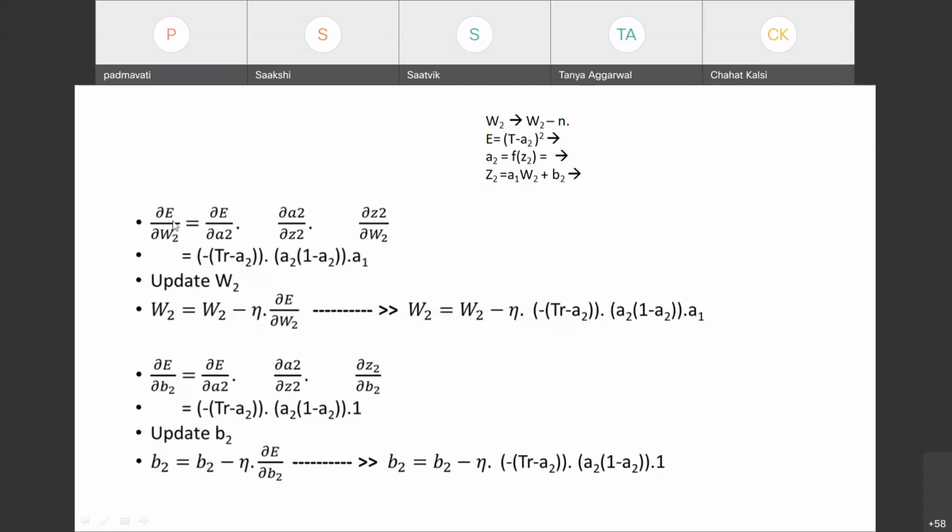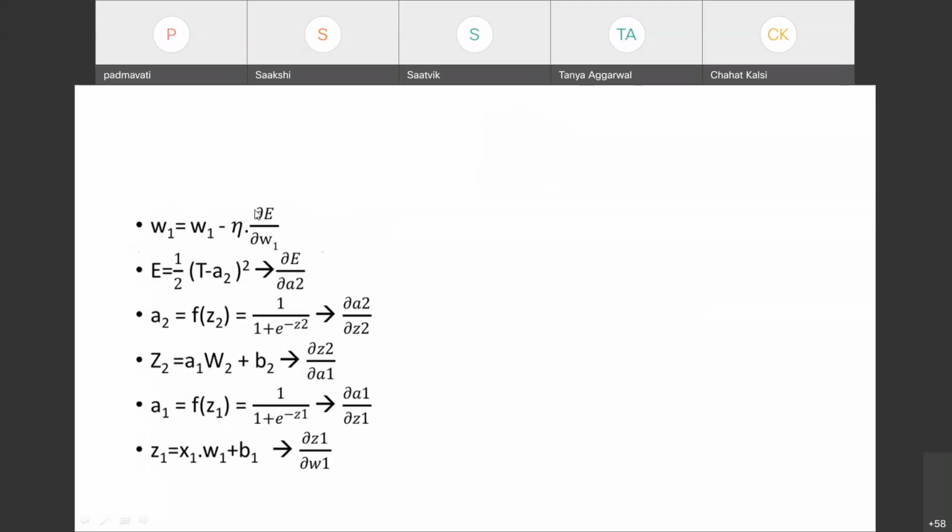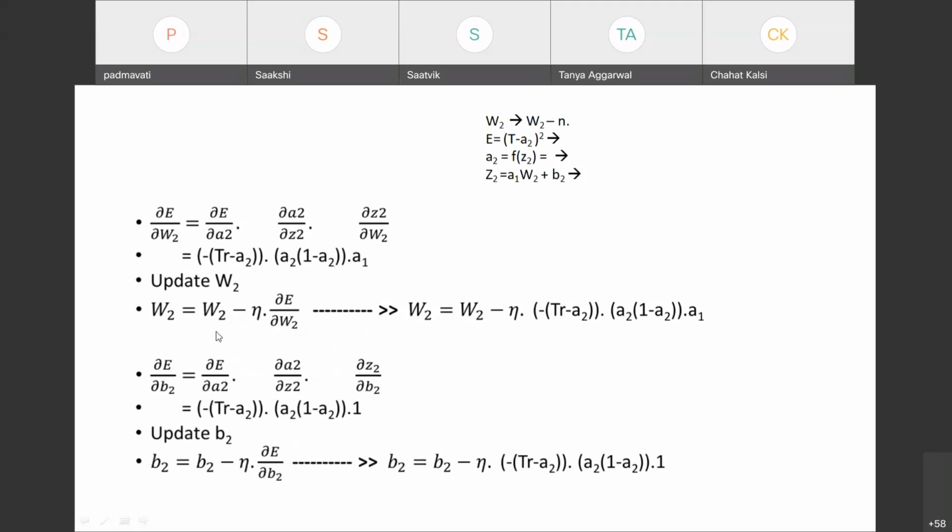Fine, once we get, as I explained earlier, the derivative of E with respect to w2, I can easily compute w2 equals w2 minus eta times this, because I have computed this right now. I know this value, I also know this value. If I know all the term values, then I will be able to update this.